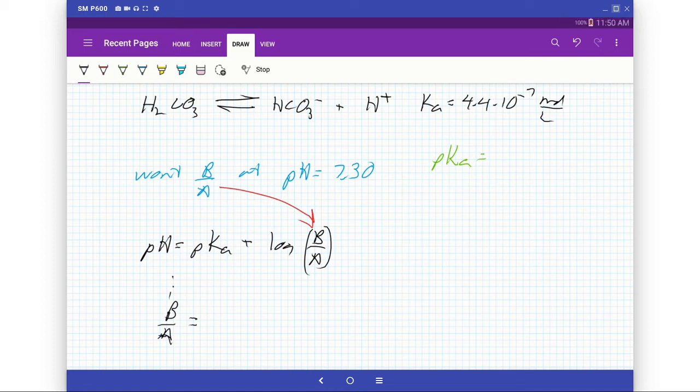Does anyone have a value for the base to acid ratio? That's not what I got. I didn't get 2.57.